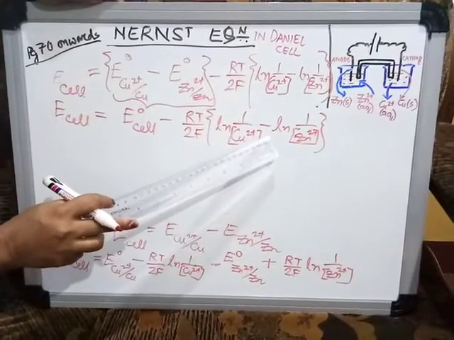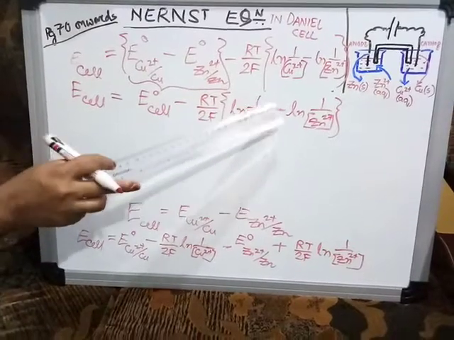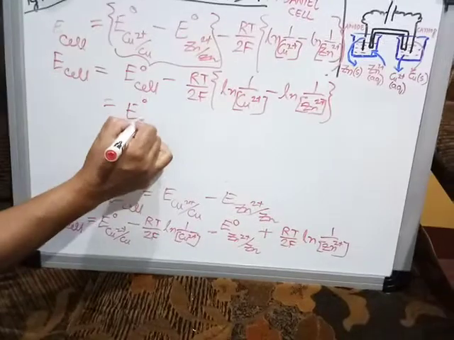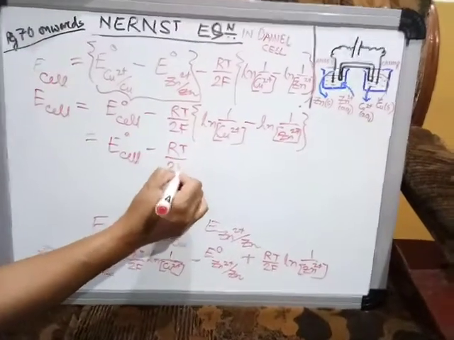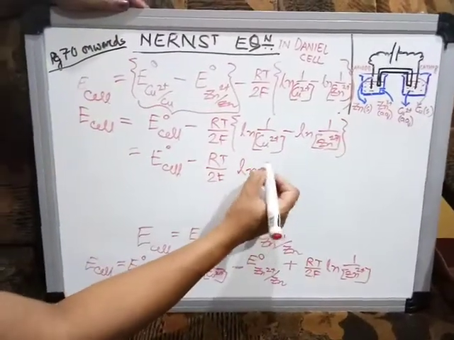So this also can be condensed further from the laws of logarithm. You know that ln A minus ln B can be written as... E0 cell, this remains as it is, RT by 2F. Now this portion you can condense from the laws of logarithm, okay?